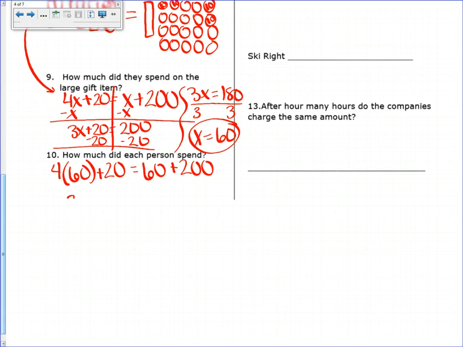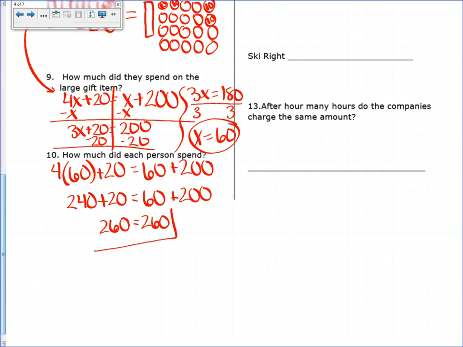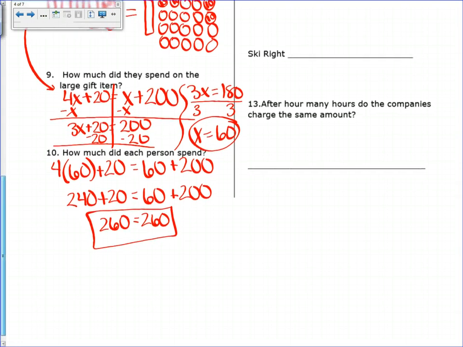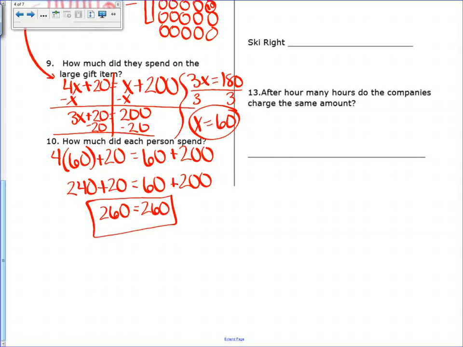So 4 times 60 is 240 plus 20 equals 60 plus 200. If we do our addition, we get 260 equals 260. And we know these two totals should be the same because it tells us they spent the same amount on their gifts. So each person spent $260.